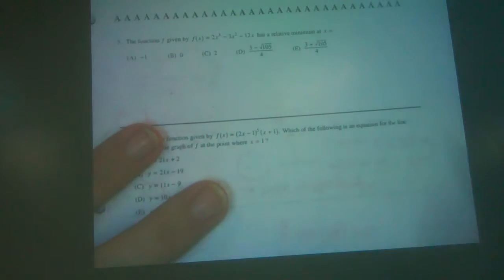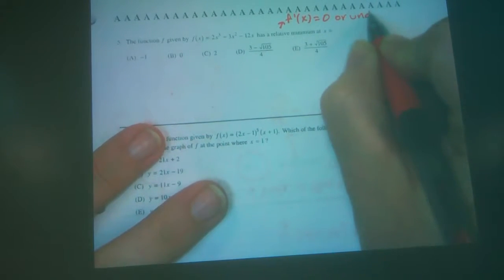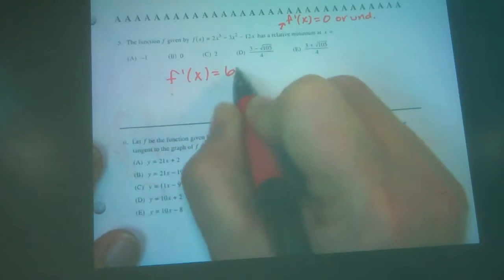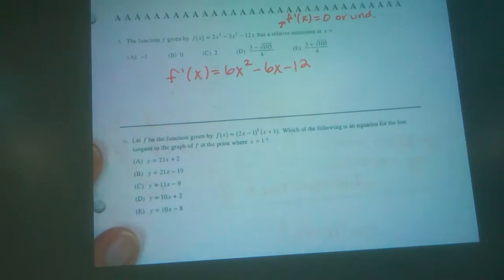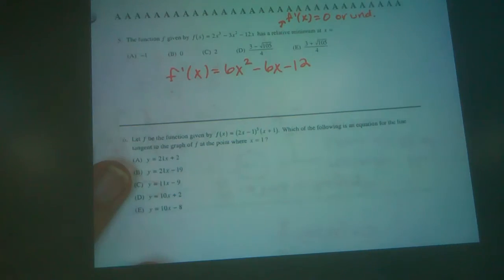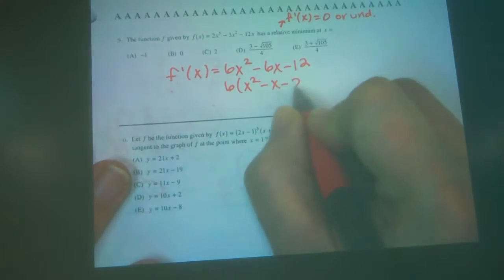Okay, and then the last one, number 5. The function has a relative minimum at what x value? Okay, so you can only have relative mins or maxes wherever the first derivative is 0 or undefined. So if I look at the first derivative here, I'm going to get 6x squared minus 6x minus 12, which if I factor out a 6, is this.